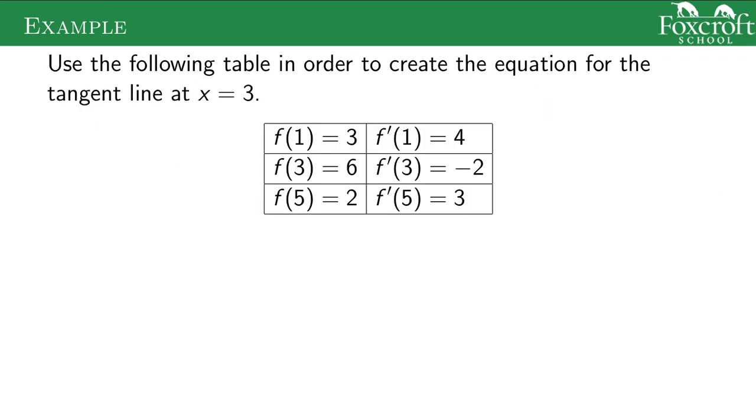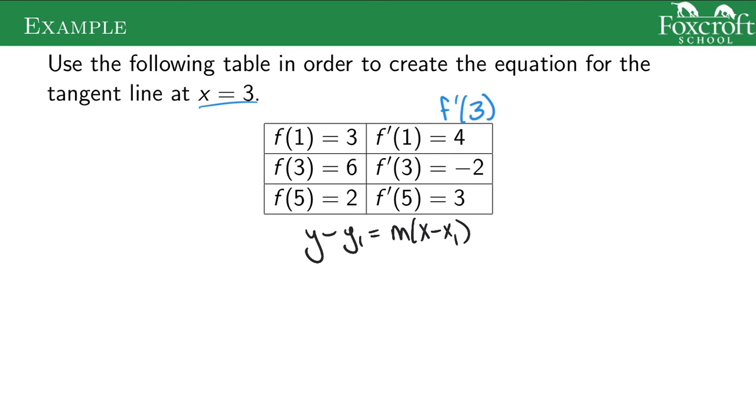All right, now we're going to use this table in order to create the equation for the tangent line at 3. Well, we're going to have to put it in point-slope form. The first thing we'll do is find the slope of the tangent line. The slope of the tangent line is represented by f prime, and the x value we care about is 3.